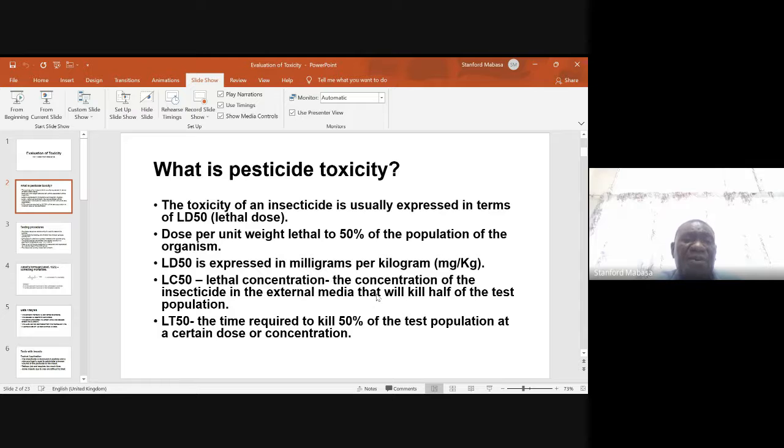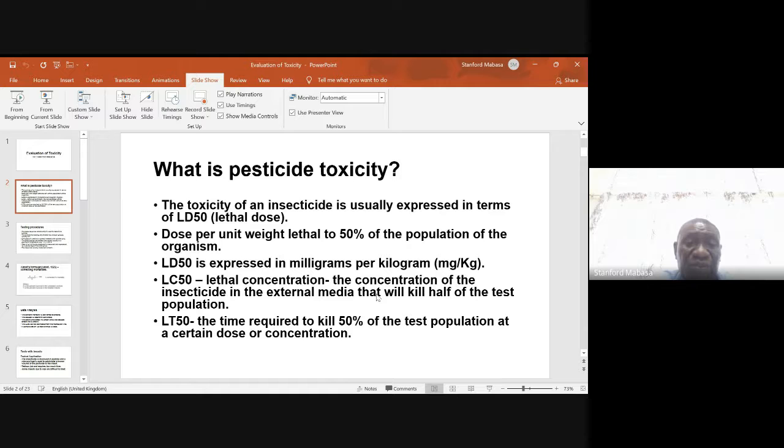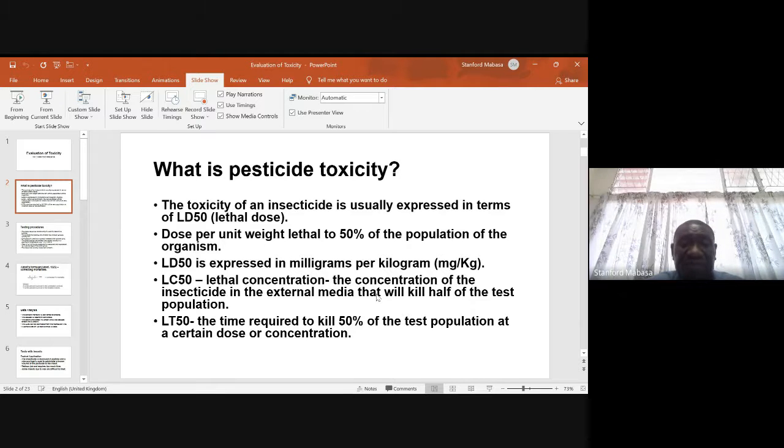LC50 probably could describe what can happen to fish. Let's say if you put a pesticide under aquatic conditions, we can talk of lethal concentration or LC50.